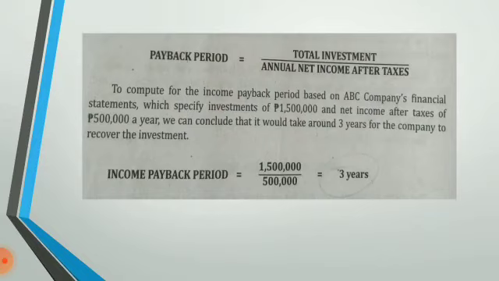Payback period actually means that it would take, let's say in this example, the total investment is 1,500,000 and the net income after taxes is 500,000. So dividing the total investment to the income, that's 3 years. So it means that it would take the company 3 years to recover the whole investment.